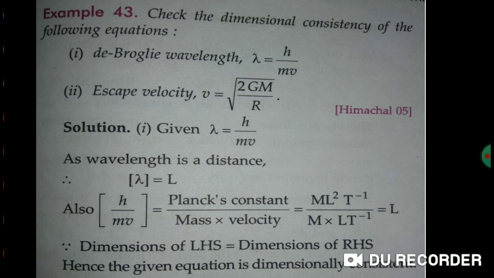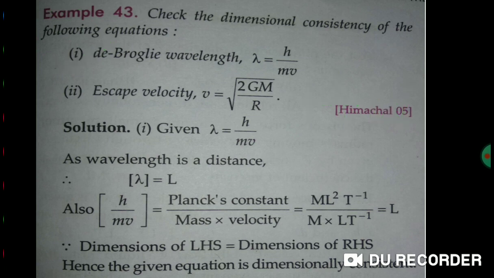Now the third example. Check the dimensional consistency of the following equation, whether the dimensional formula of the given equation is correct or not. I'll solve only the first one, and the second one is your homework. Is it clear?